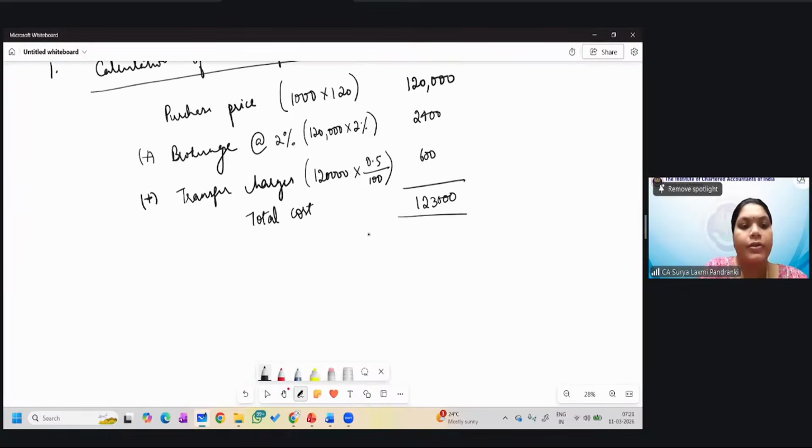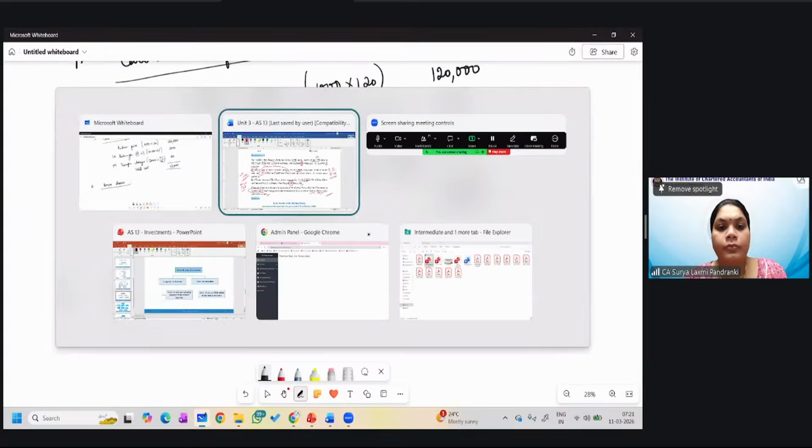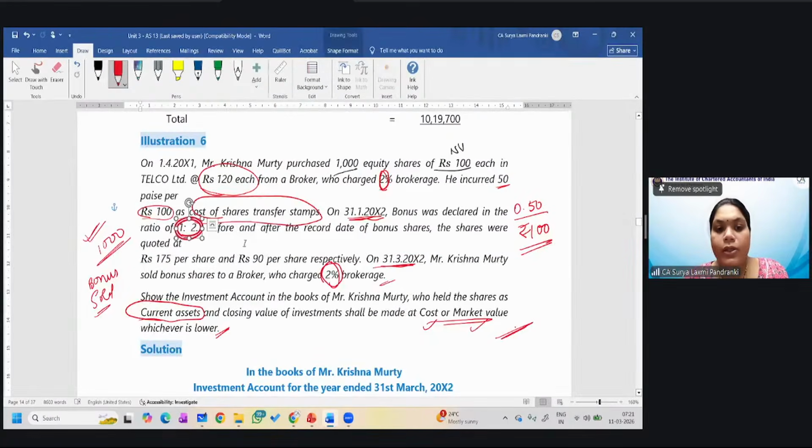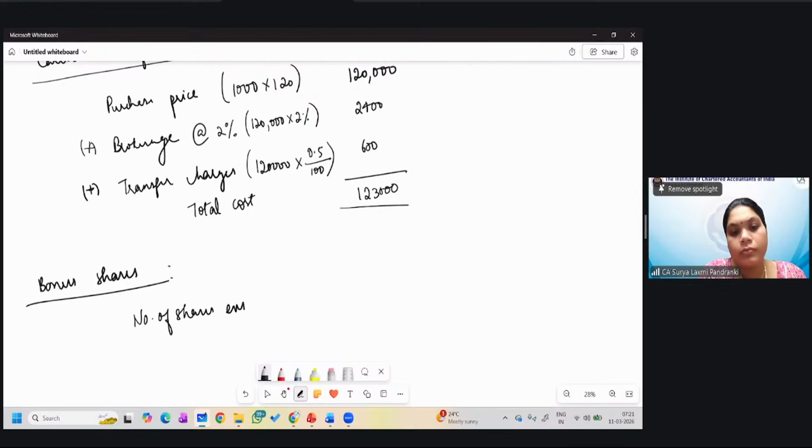Let's calculate that. They told the ratio is 1:2 very clearly. So we have 500 shares.